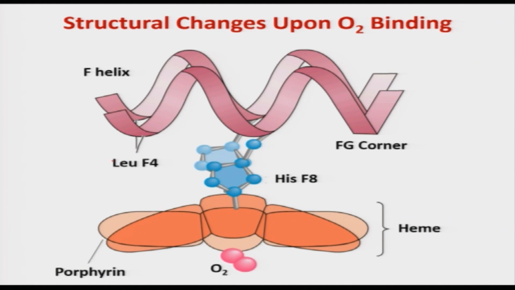Here you can see the proximal histidine, which is ligated at the 5th position, and it moves a lot before and after dioxygen binding, which is clearly reflected in this diagram. The heme center, which was highly dome shaped, now becomes planar after dioxygen binding.